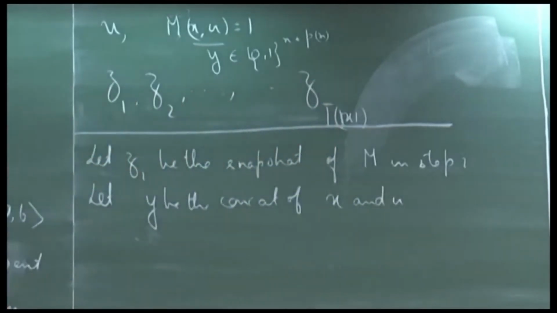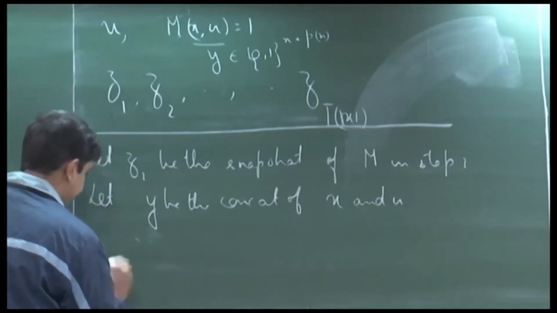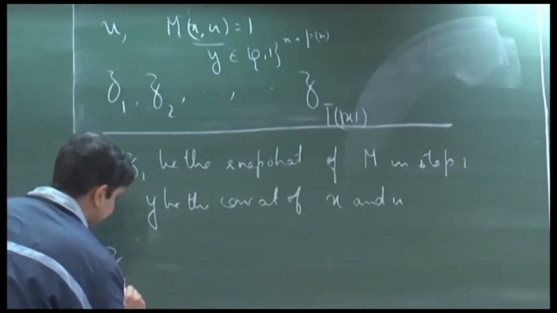Okay, we will just denote it by y. So, then the claim is that there exists a function F, such that Zi depends on the following.